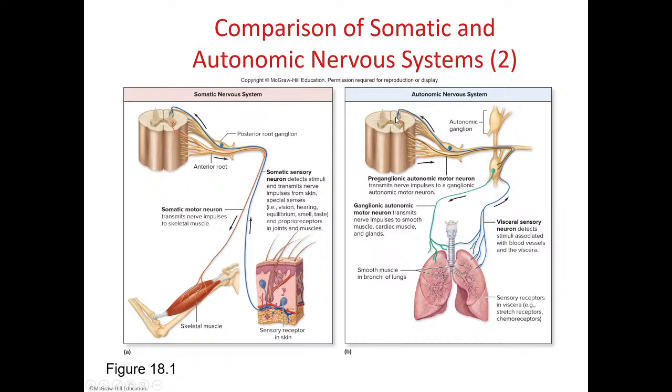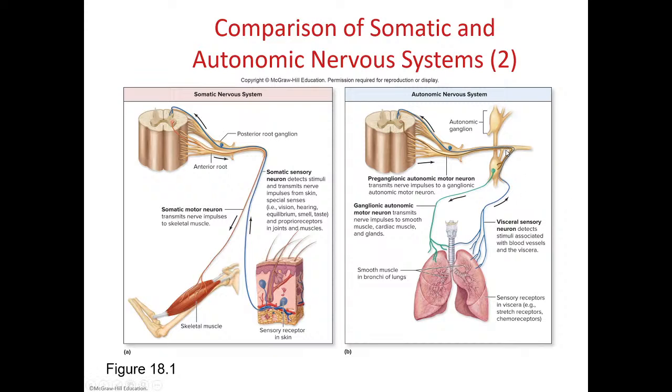Then on the other side of the reflex, we send out a motor response over efferent autonomic fibers. They ultimately reach the lungs and control muscle there to cause us to expire. It'll encourage expiration so that we don't overinflate the lungs, because that would damage them.